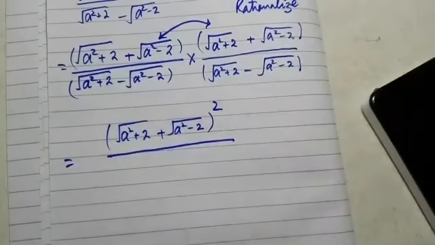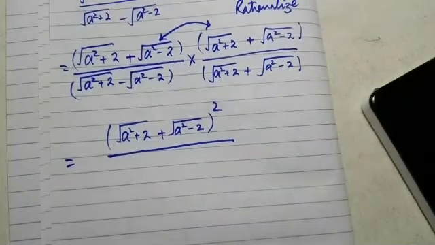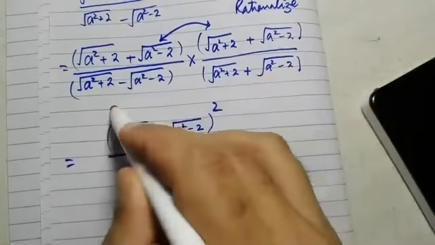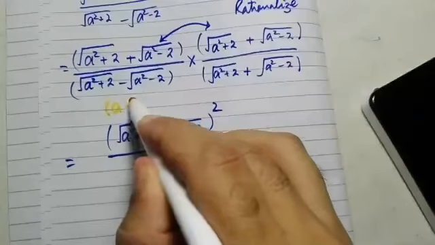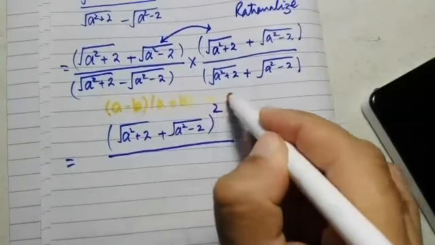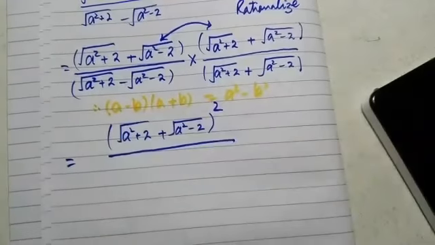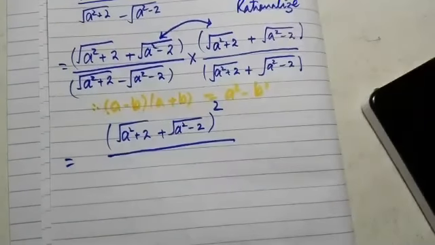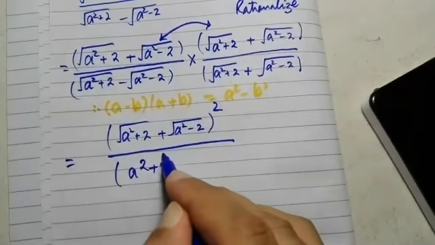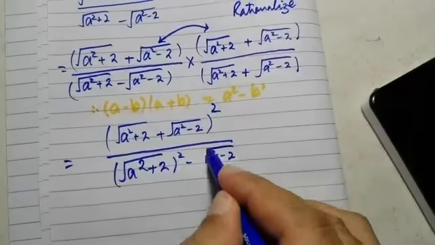There was something missing, a plus sign is required. The terms are identical, but a different formula will be used for the simplification in the denominator. The numerator becomes a whole square, but the denominator will be written as a difference of squares: first term whole square minus second term whole square.